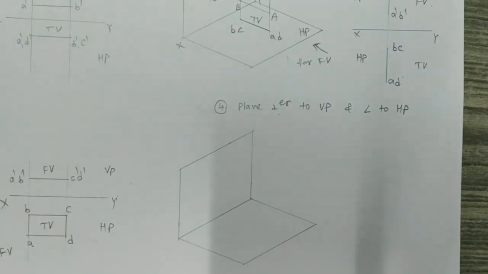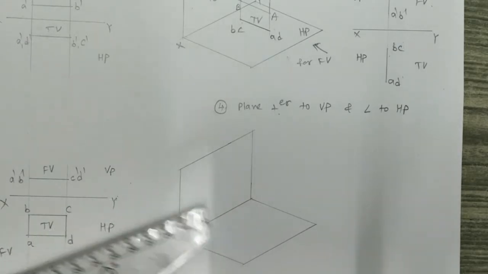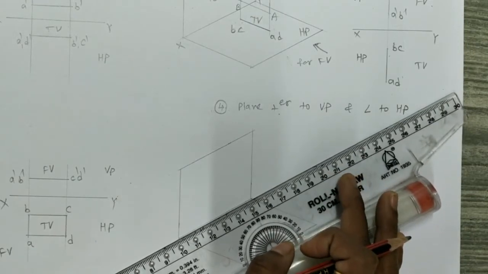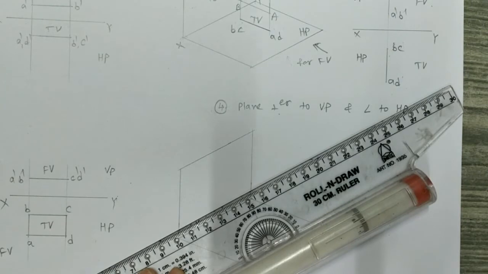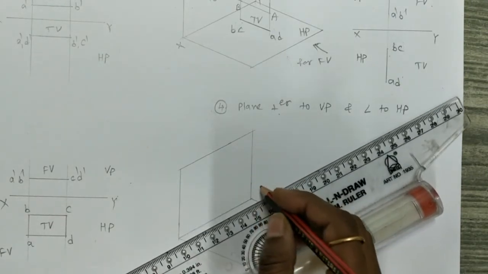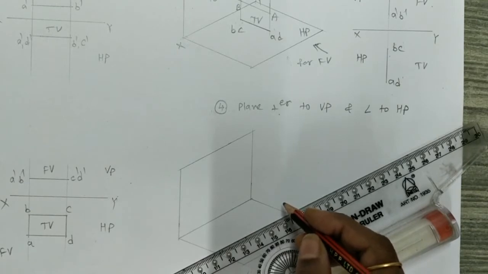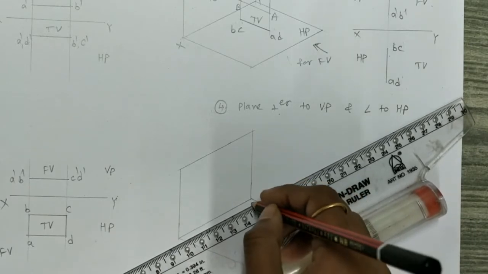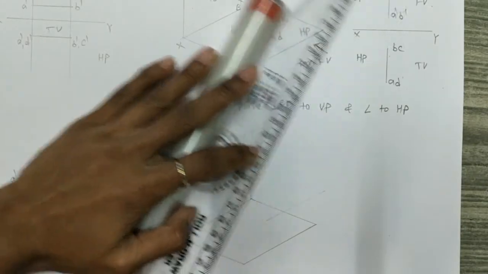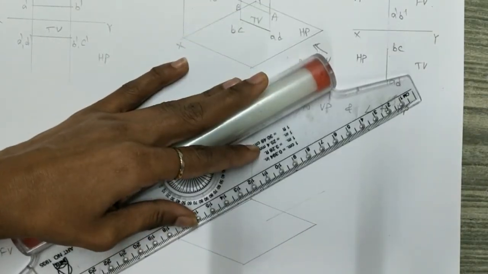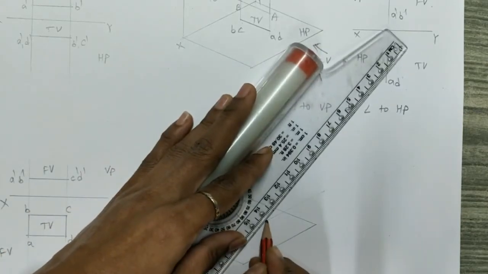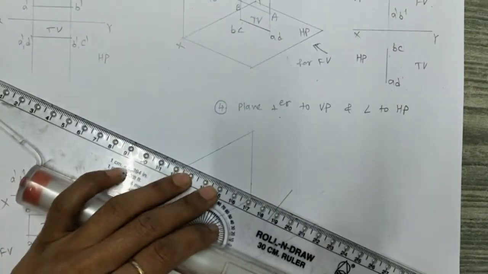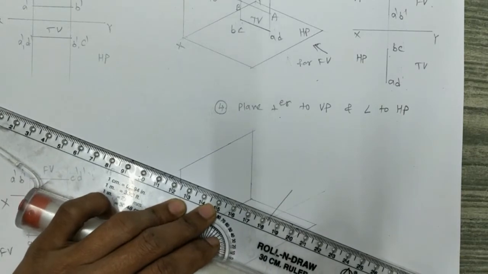So draw plane. For this, first of all, we have to draw plane which is inclined to HP. So like this. And perpendicular to VP.